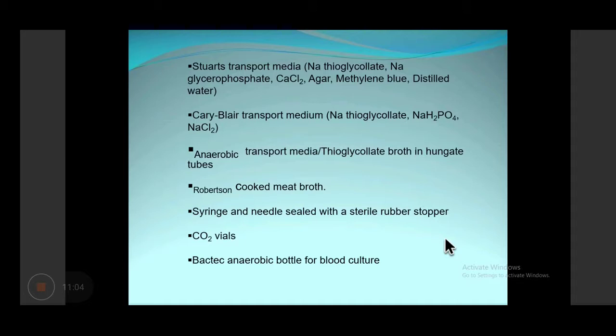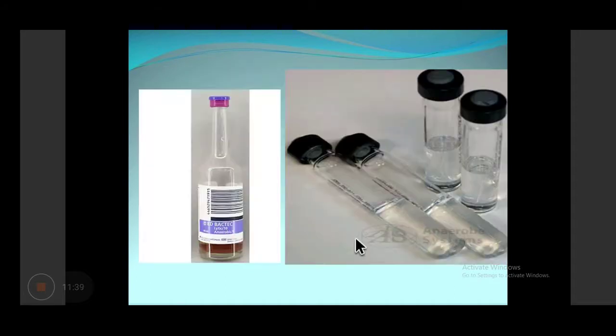Examples of stored transport media are sodium thioglycolate media, sodium glycerophosphate media, calcium chloride or methylene blue or distilled water also, carrier media, anaerobic transport media, Robertson cooked meat broth, the simplest and easiest method, a syringe and needle sealed with a sterile rubber stopper, or CO2 vials, or BACTEC anaerobic culture vials, which are automated. So these are the transport media if there is a delay between the patient and the lab. So these are the methods to transport a sample.